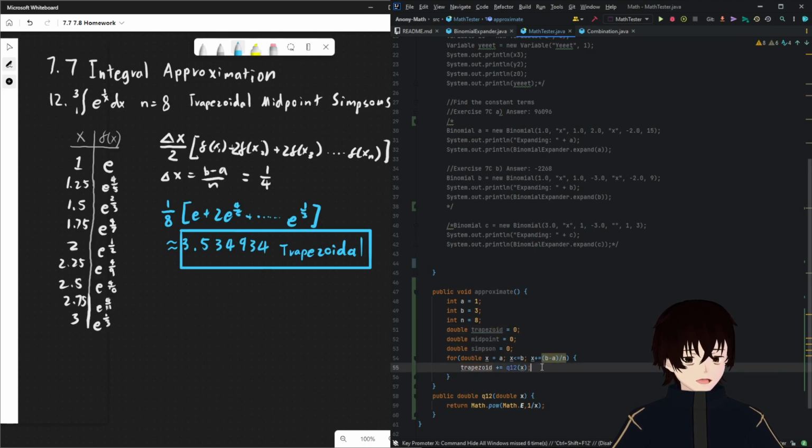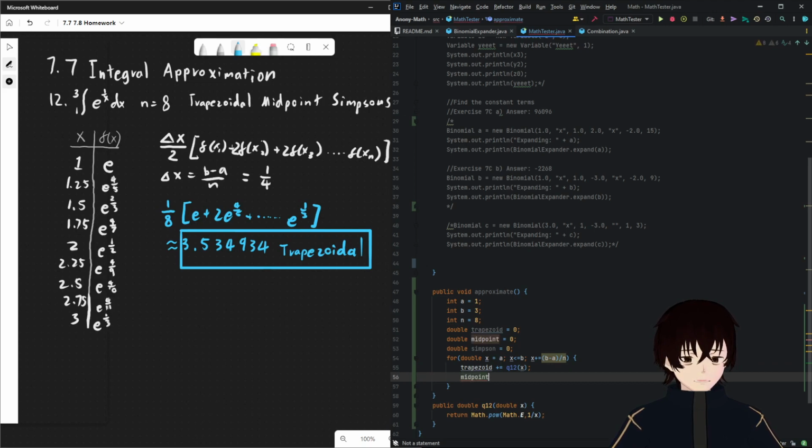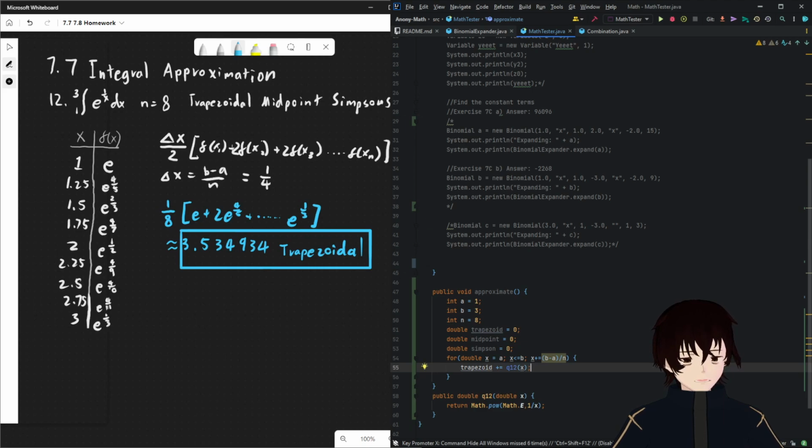There goes all my typos. Midpoint is equal to, bingo. How would this go?